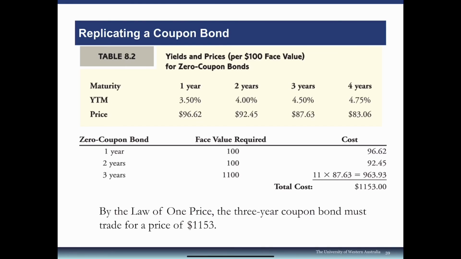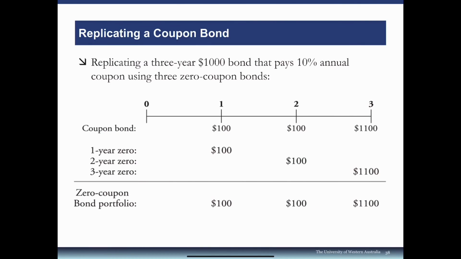Why is that the case? Because that will give you the same payout as the coupon bond. For the coupon bond, year one, it pays you 100, just like the 1-year zero coupon bond, right? And that's done. Year two, it will pay you another 100, and that's just like a 2-year zero bond, where there's no payment at any other time, but only 100 at time two.